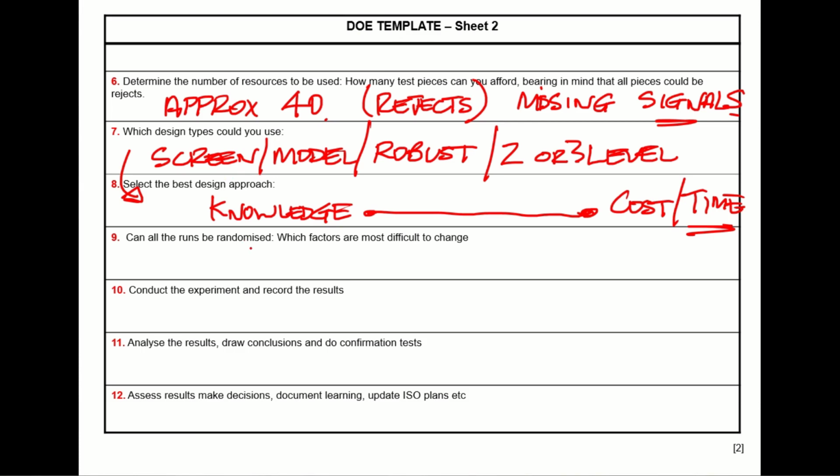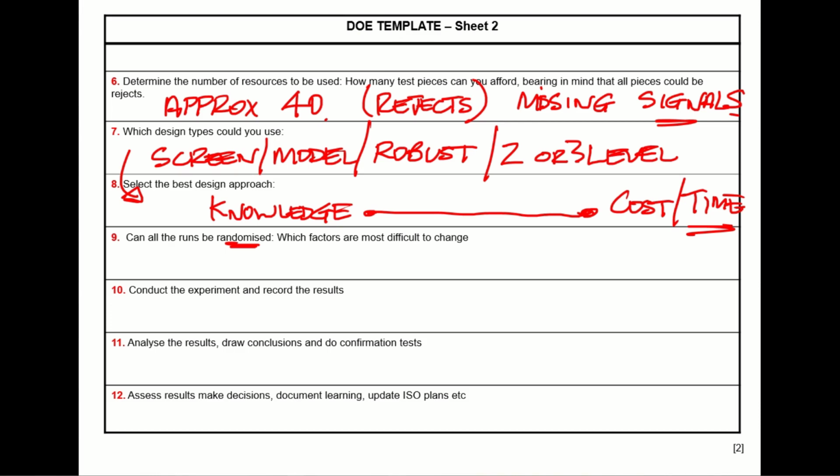But if the knowledge isn't important, you're not going to want to put the cost and the time in there. So you need to decide. This is a business decision. It isn't a statistical decision necessarily. You've got to use your wisdom to decide what is it that you've designed the experiment to find out? And therefore, is it worth the cost and the time?